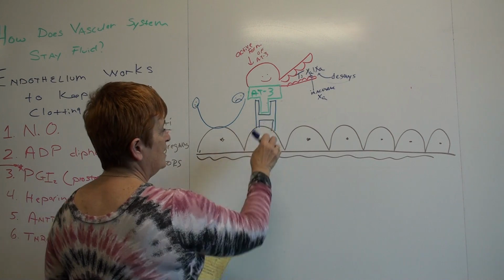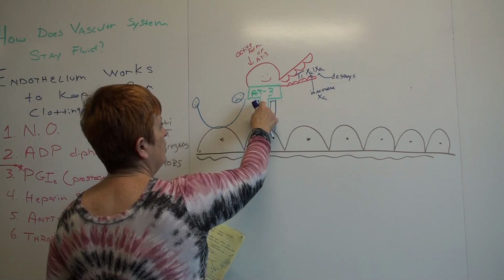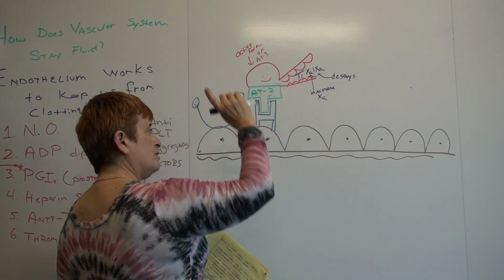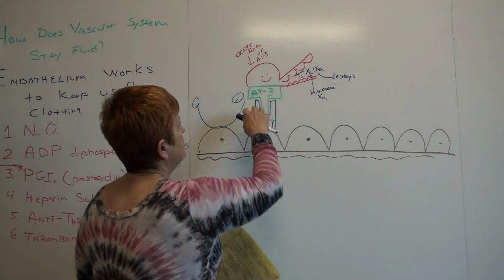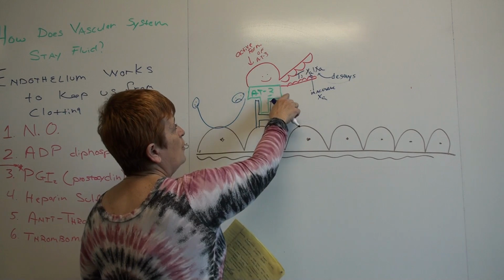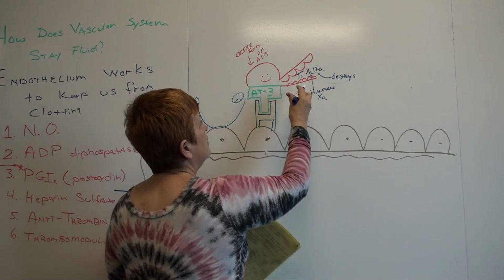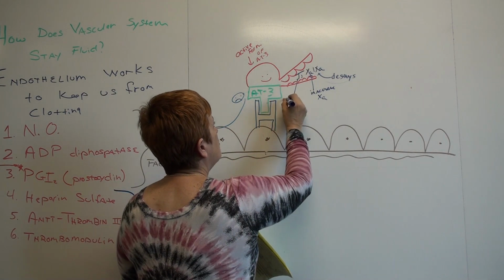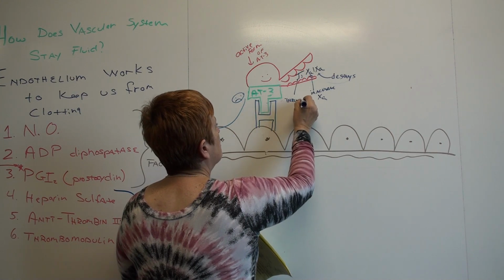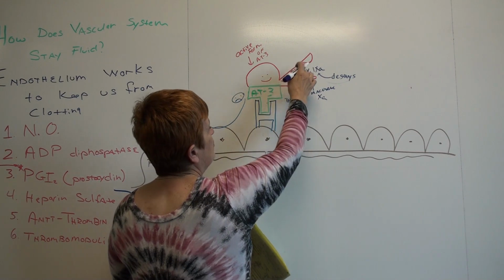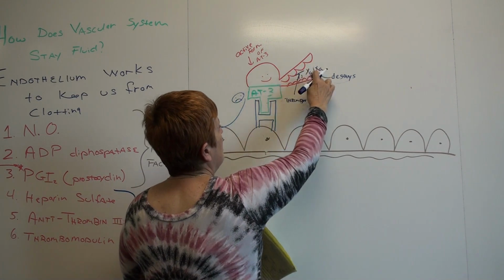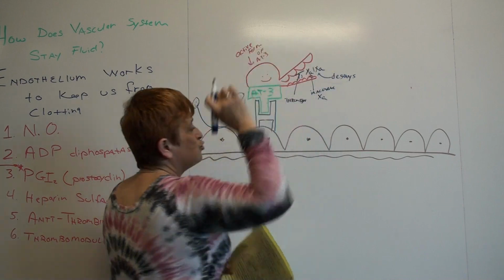Heparin sulfate has a receptor for antithrombin 3. If antithrombin 3 comes and attaches, it activates it. Once it's activated, it's going to chomp up thrombin. Let's just make sure we know this is thrombin. It's going to inactivate or chomp up thrombin, inactivate 10A, and destroy 9A.